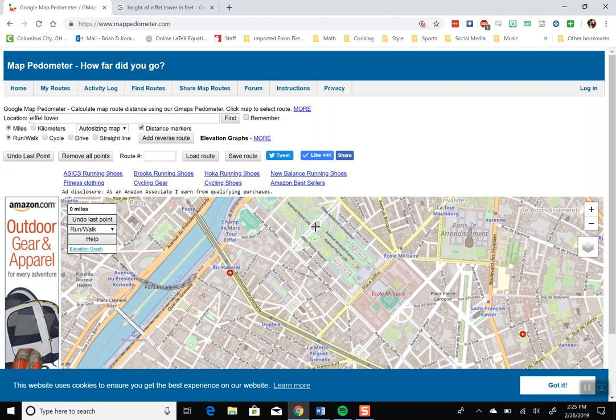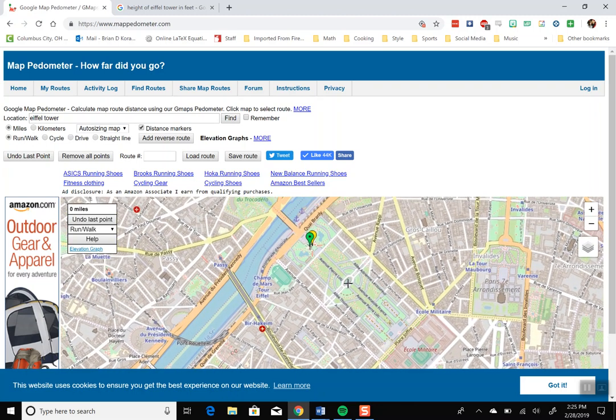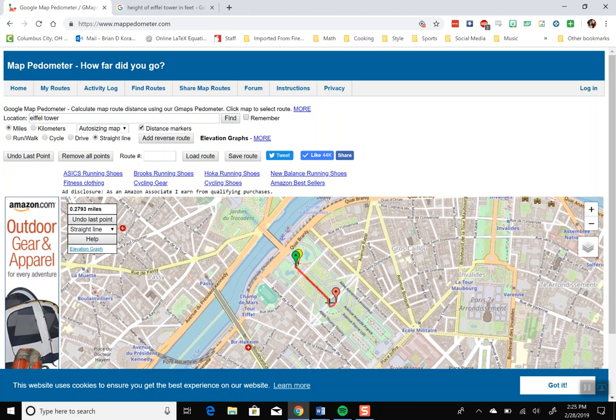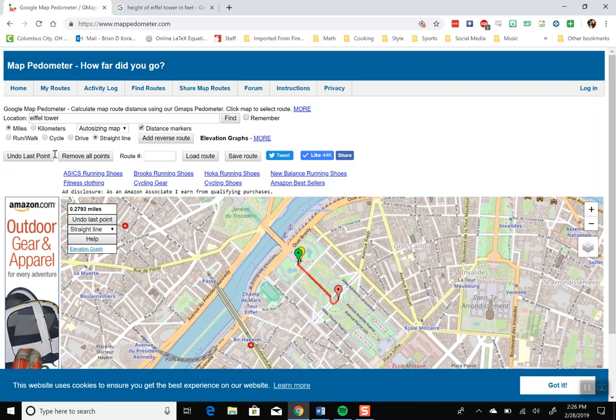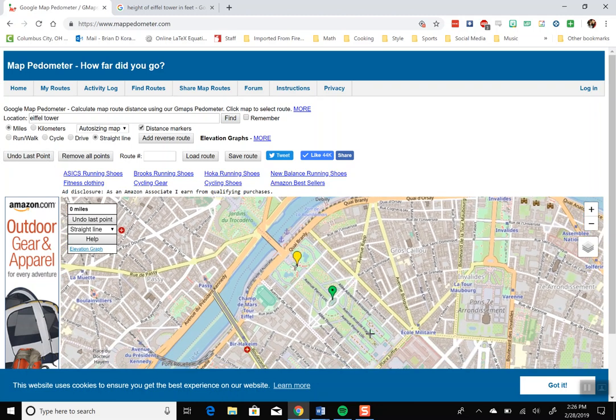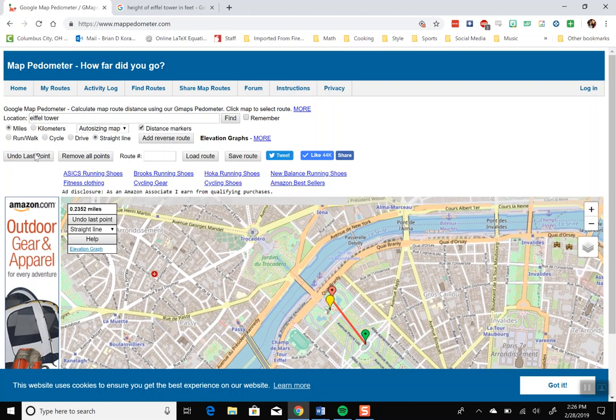So I'm going to click on the center of this park, right there, Champ de Mars, and it kind of curves around that distance, so I'm going to try to make sure it's a straight line. Sometimes you might have to undo the point a little bit and make sure that it's doing exactly what you want.